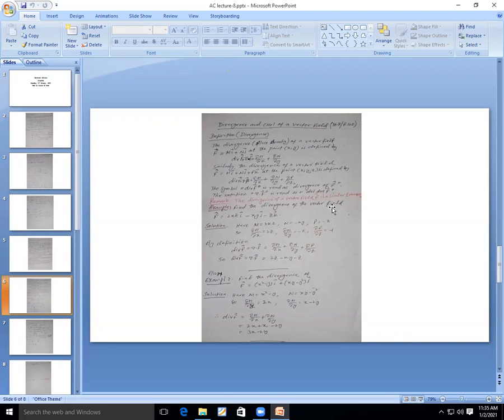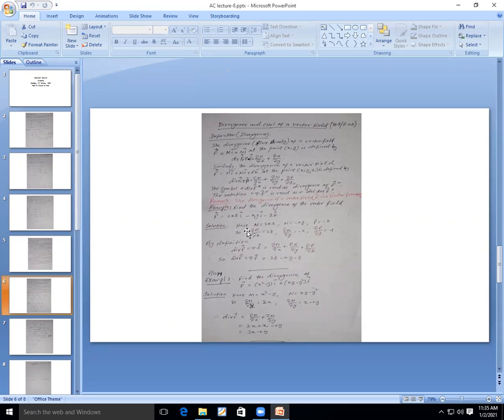Example of a divergence, a simple concept. Find the divergence of the vector field f equal to 2xz i vector plus minus xy j vector minus z k vector. This is the given vector field, and you have to find its divergence. Compare this with the general definition of a vector field in 3-space.